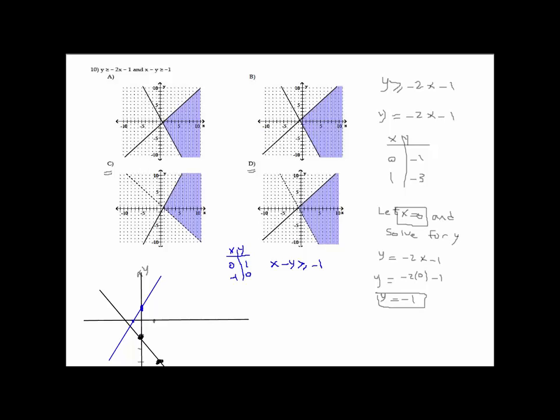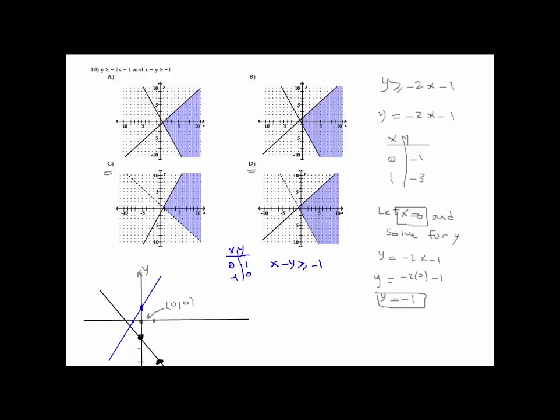Now, let's see where would be the solution. So we pick a point 0, 0 to test which side would be the solution.